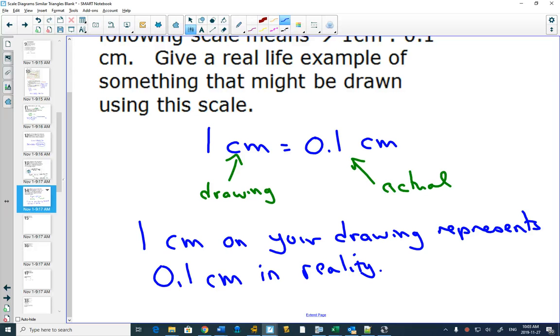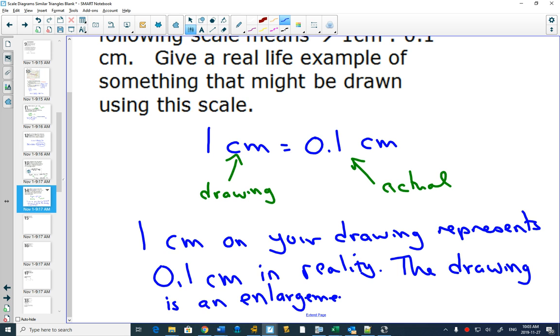Okay? The drawing would be bigger, because if 1 centimeter on your drawing is actually in reality only 0.1 of a centimeter, in reality it's smaller. So your drawing has become an enlargement.